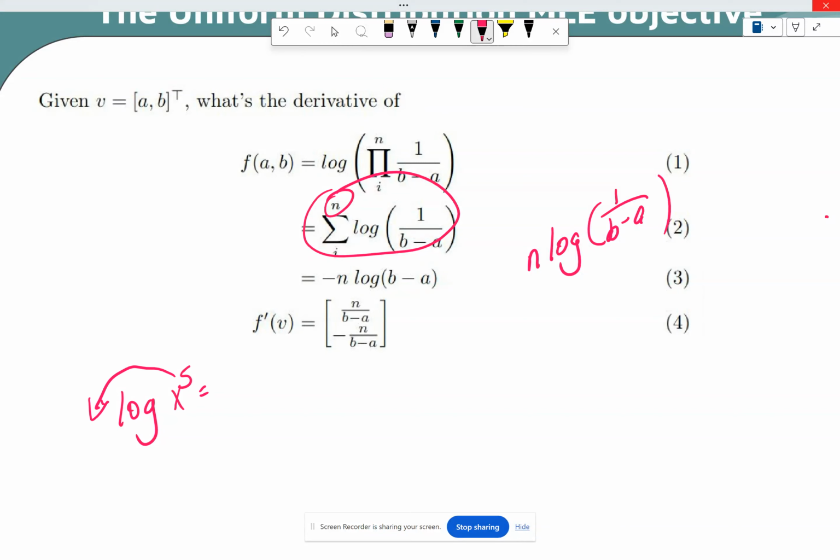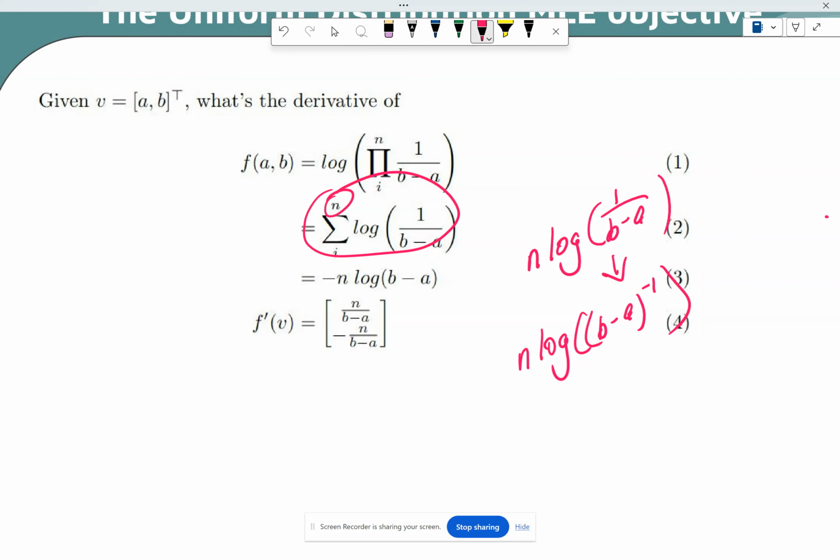So this is actually equal to 5 log of x. Similarly here, this is equal to n log of (b minus a) to the minus 1. Therefore, you can move the minus 1 to the front, so it's minus 1 times n log of b minus a.